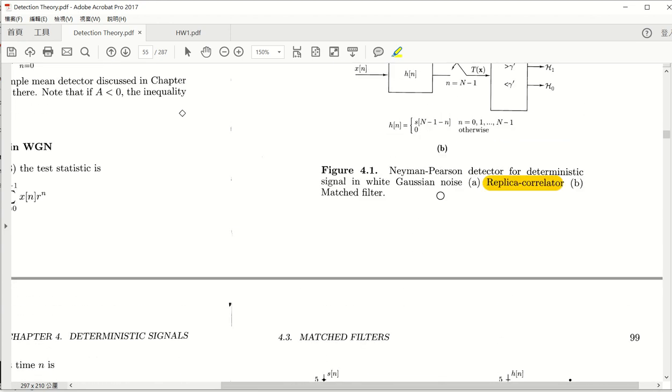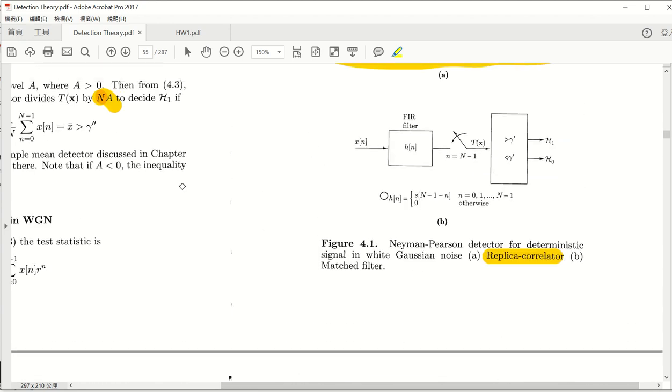So let's take a very careful look at this. We put the data into a filter, and then we design the filter to be a time reverse version of the signal. And since that signal is known, then we have no problem with the impulse response h n.